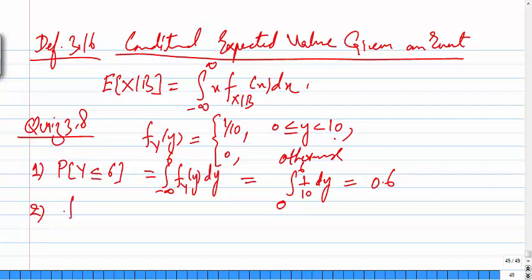Now the second part asks us to calculate the conditional PDF of Y given Y is less than 6. We know the formula: we write the PDF of Y and divide by the probability that Y is less than 6, and 0 otherwise.